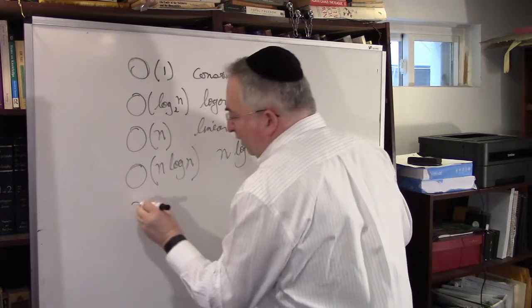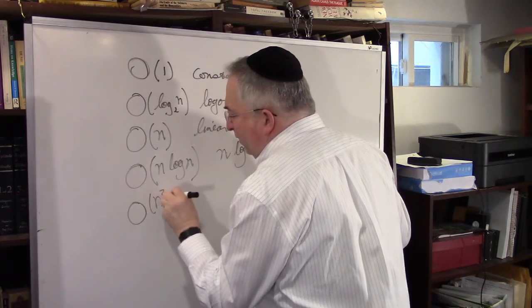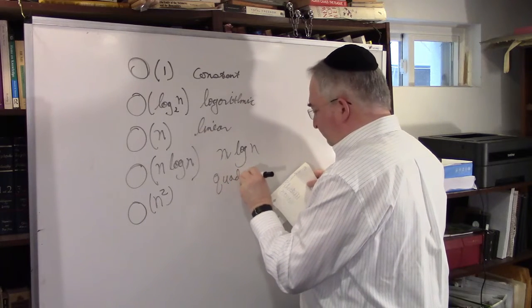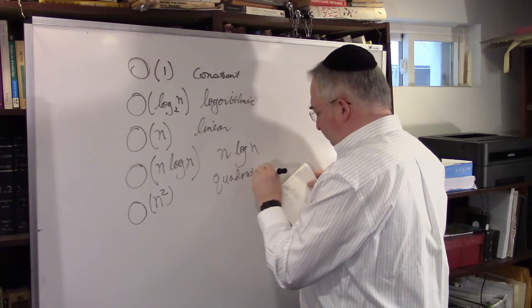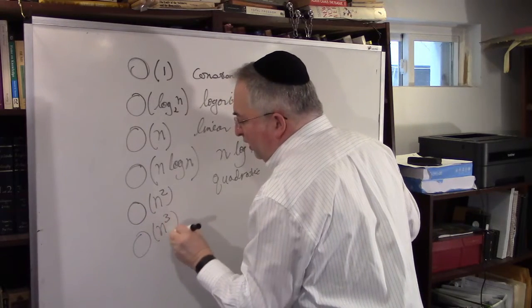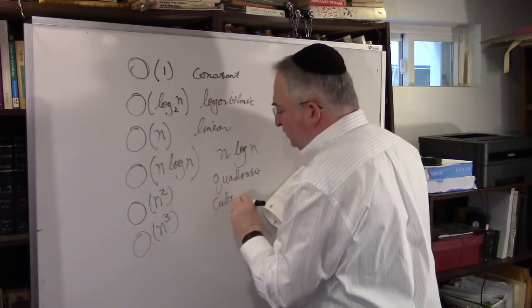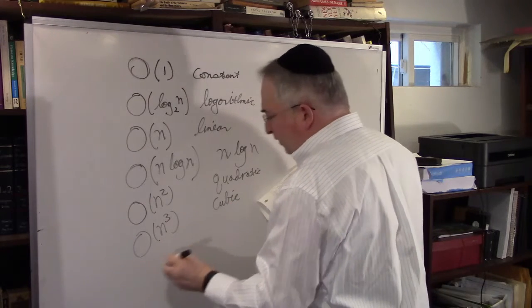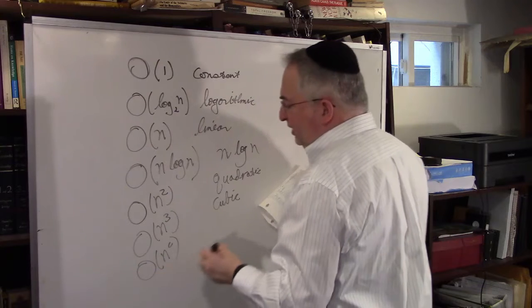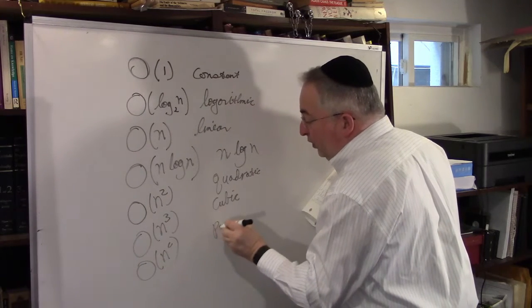O of n squared are called quadratic algorithms. O of n to the third are called cubic algorithms. O of n to the c, any number c, are called polynomial.